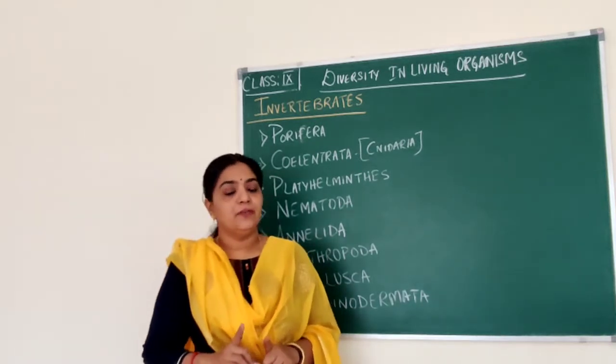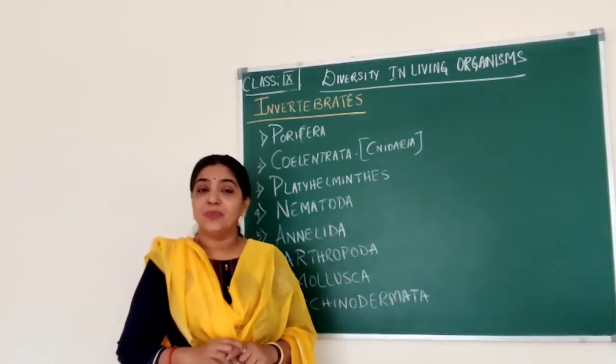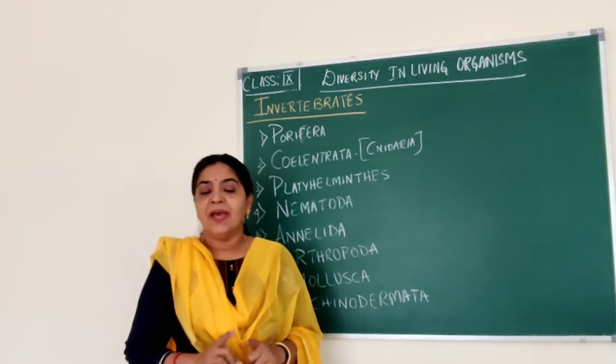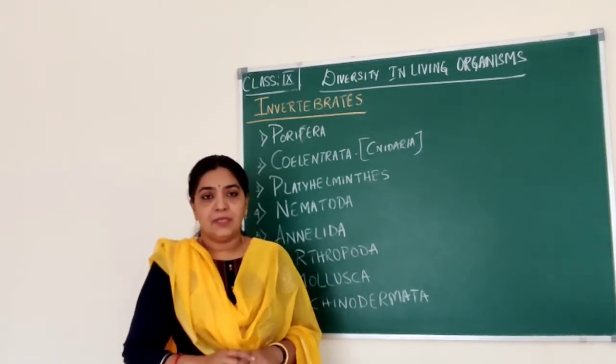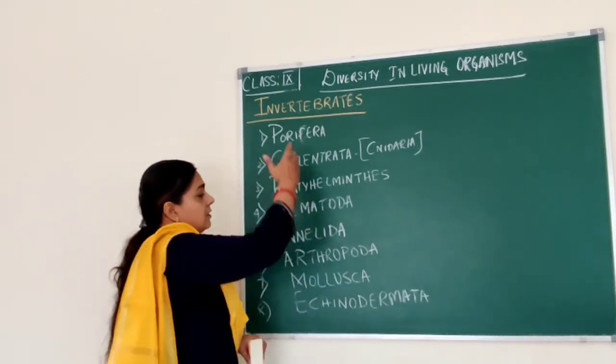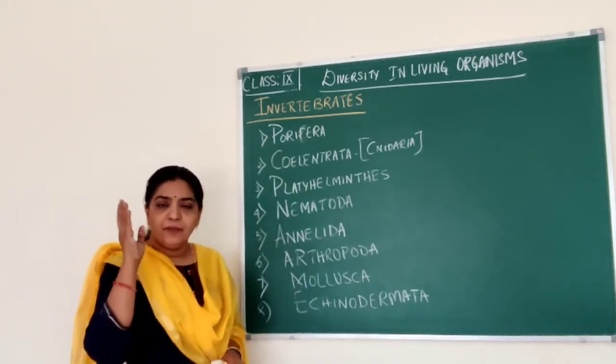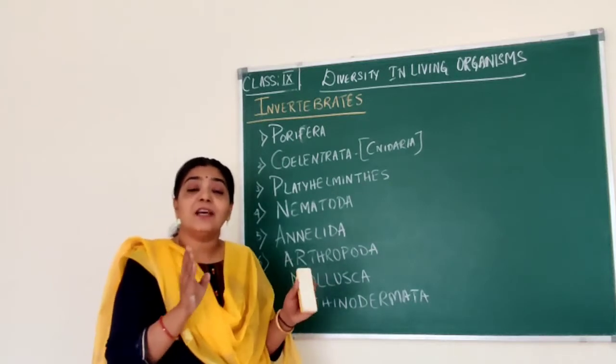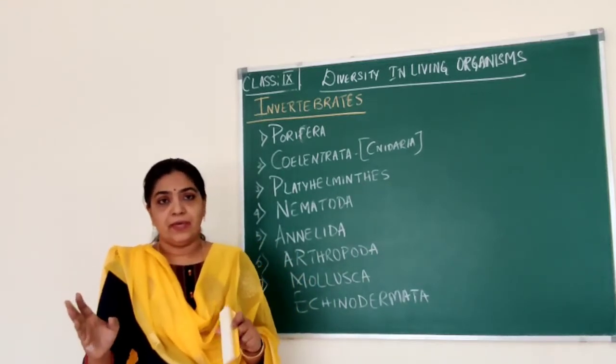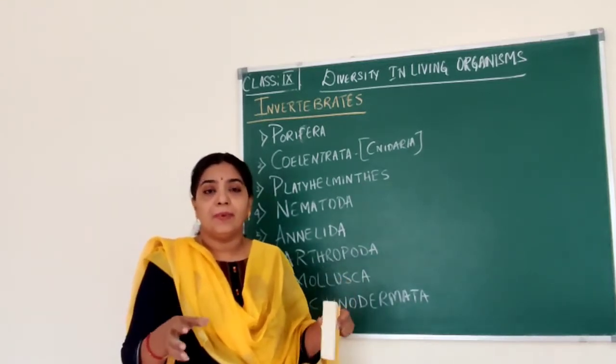As I told you, invertebrates are the organisms which do not have a backbone. A backbone is absent. Here, whatever order I have written, whatever names I have written, we have to follow the same way, because that is how they have evolved. See, we are very complex organisms.